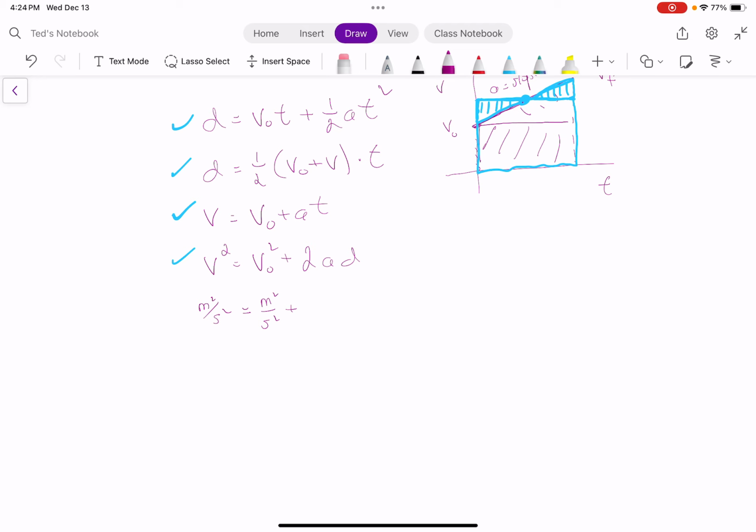And acceleration is meters per second squared times distance, which is meters. So all 3 pieces have units of meters squared per second squared, and that can help you remember that equation if you are like, oh, I want that v squared equation. How does it go again? And you can remember that you're going to need acceleration times distance, because then you have the correct units.